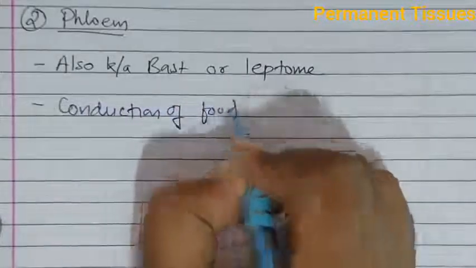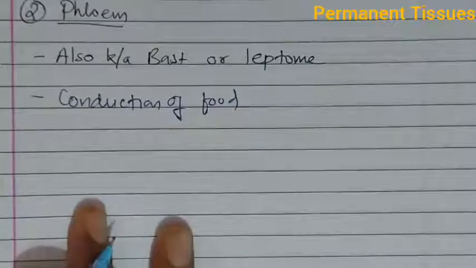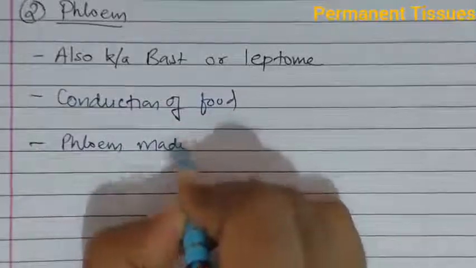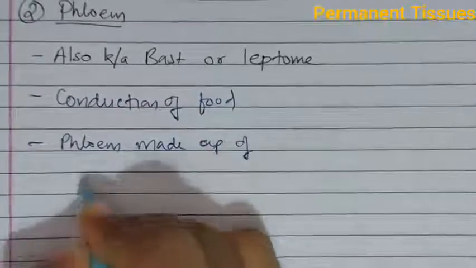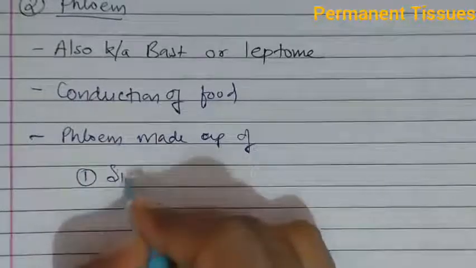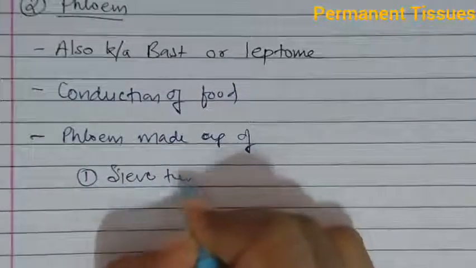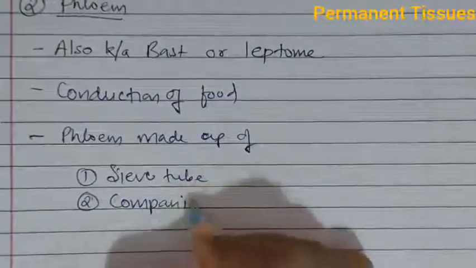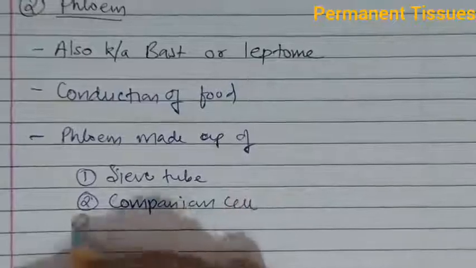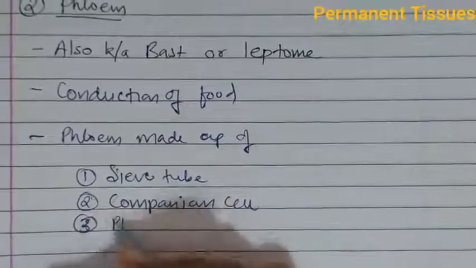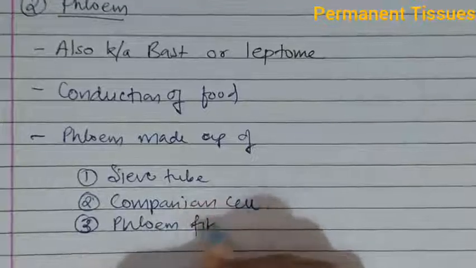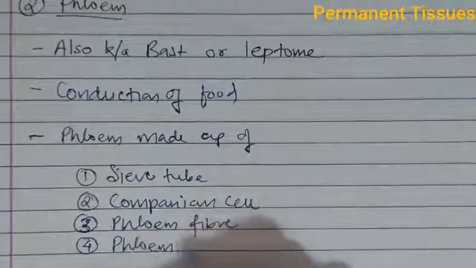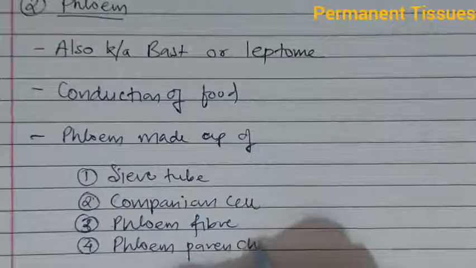conduction of food. But when we talk about phloem components, this phloem is made up of, number one, sieve tube, companion cell, third, phloem fiber, and fourth, phloem parenchyma.